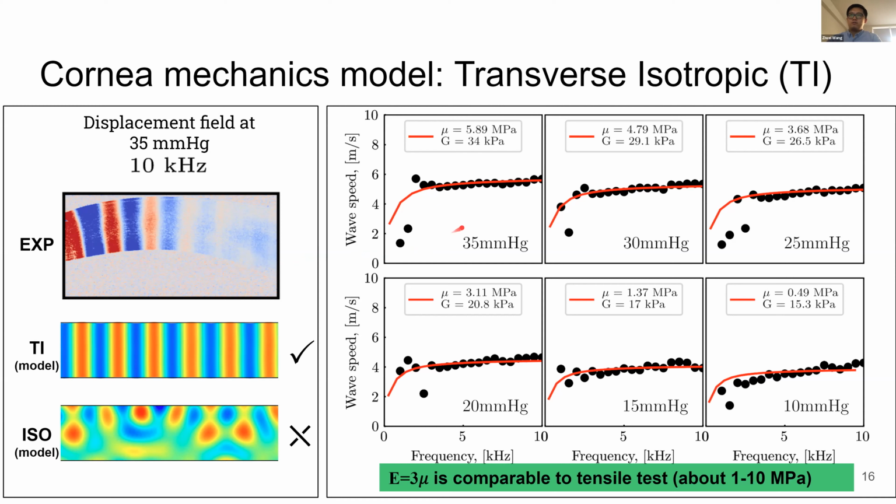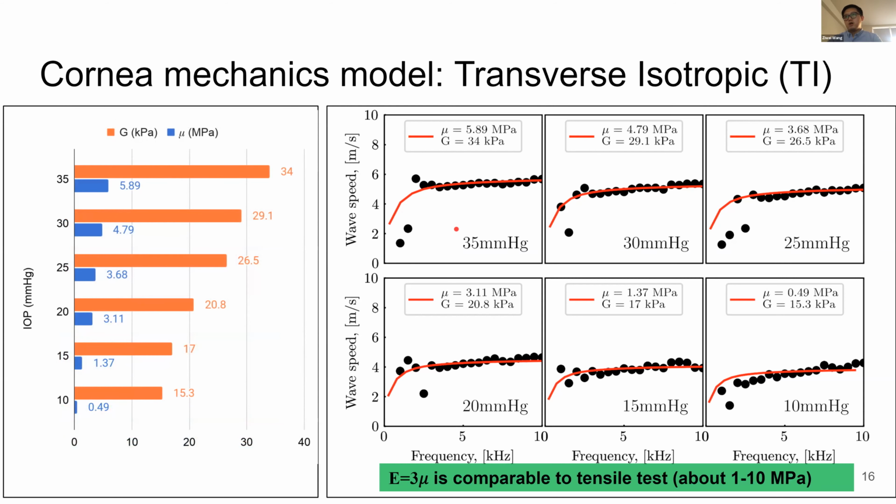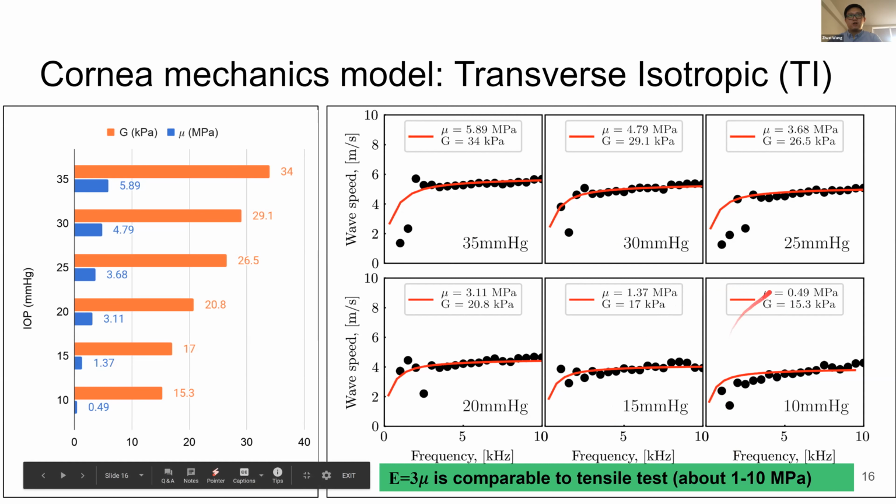For the model fitting, we now have a range of predicted Young's modulus that are comparable to the tensile test. Now we're on the megapascal level of mu, so they're very close to the tensile test.